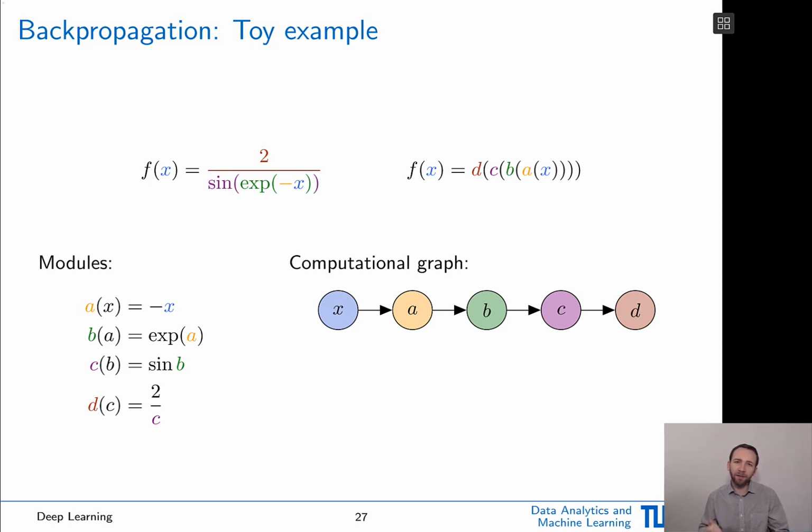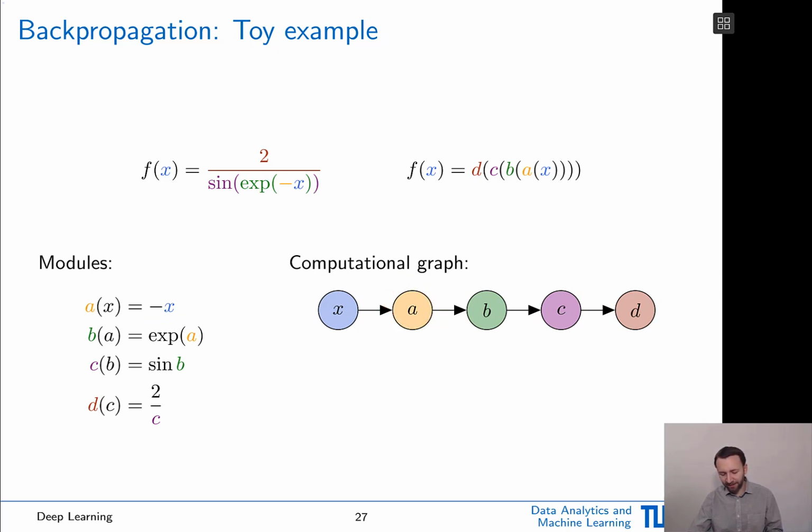So often what you will see in these modern deep learning frameworks or machine learning frameworks in general, is that you can represent this function as a computational graph. Okay, a computational graph is just a chain, so to say, of how you apply these functions. You start from the input, and then you forward this input to the next function, often called a module, which is here this function a, which is minus x.